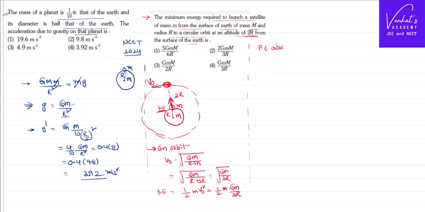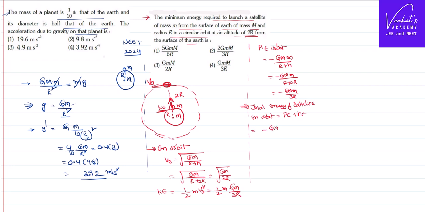It's not only having the kinetic energy in the orbit, it also has a potential energy. Potential energy in the orbit is minus GMm by r plus h. That is minus GMm by r plus 2R. That is minus GMm by 3R. That implies the total energy of the satellite while it is orbiting is the sum of potential energy and kinetic energy.